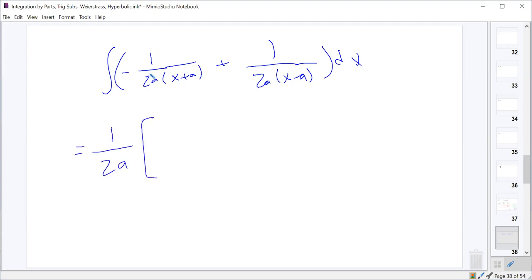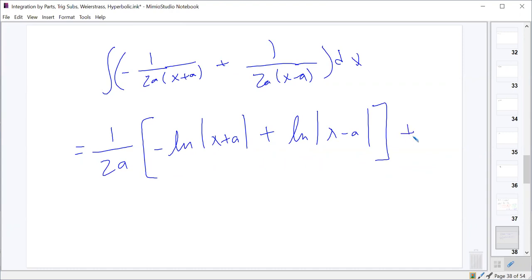And let's just do the integration. If I took the 1 over 2a out, this is just negative 1 over x plus a. So that should become negative natural log absolute value x plus a. And then this should become plus natural log absolute value x minus a plus our constant.